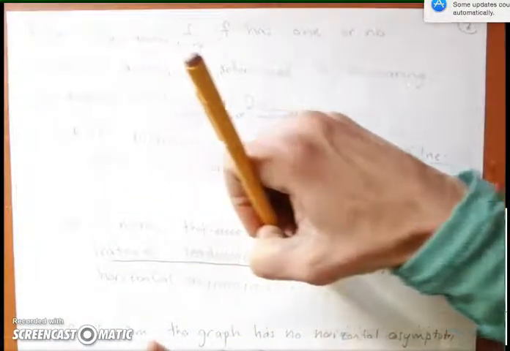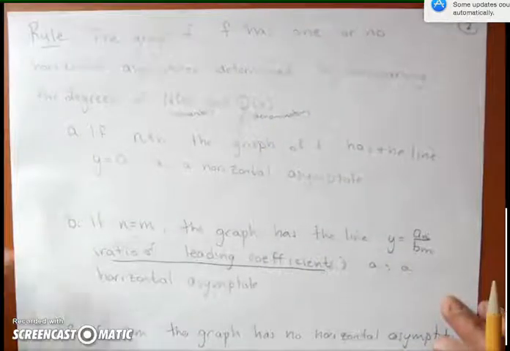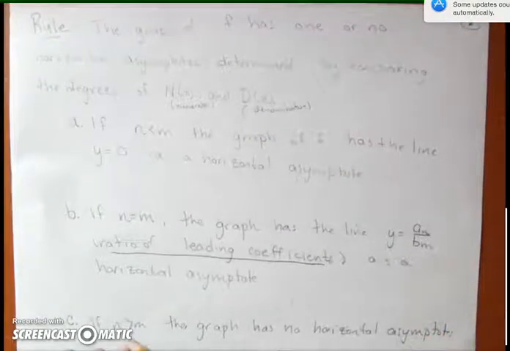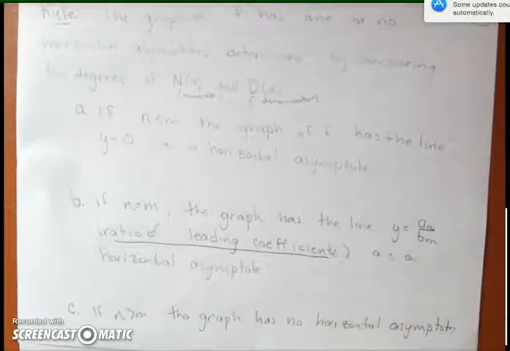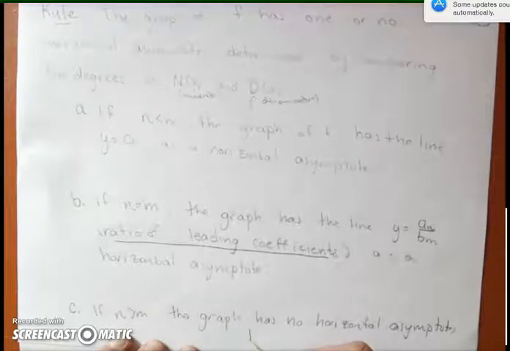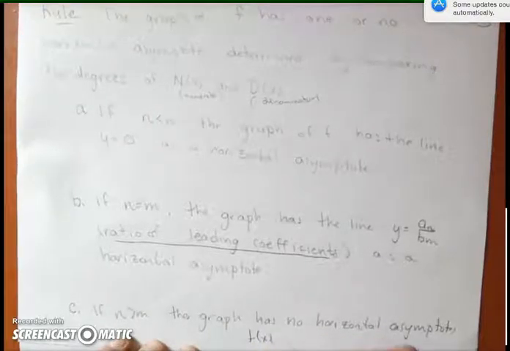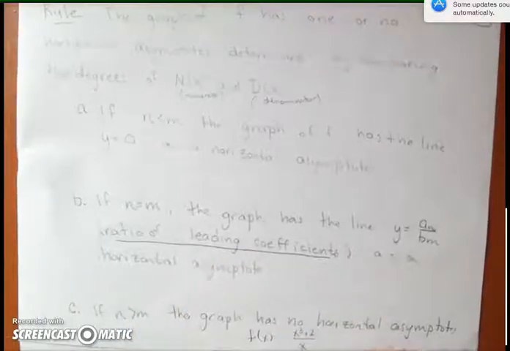Ratio of leading coefficients. Now in the last case, if the degree on top is bigger than the degree on bottom, that means that there are no horizontal asymptotes. Now, why might that be? Well, here's an example of one where that's the case. Let's look at x cubed plus 2 over x.